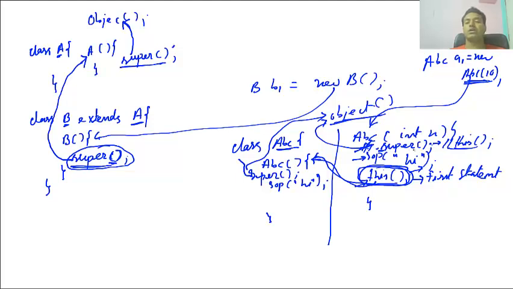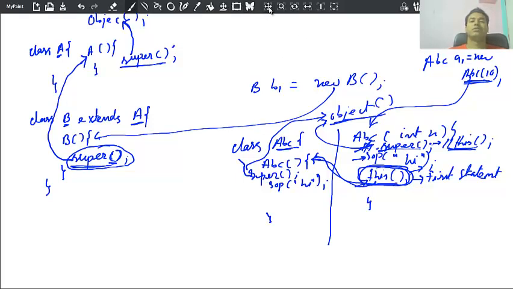Means in one constructor you cannot use both super and this at a time. You can use any one, either super or this, and whichever you are using should be the first statement. If you are not using either of them, then by default the first statement is super, so that it can reach the superclass default constructor to create an object, right? Next, this is an important point you have to remember, that this always must be the first statement.